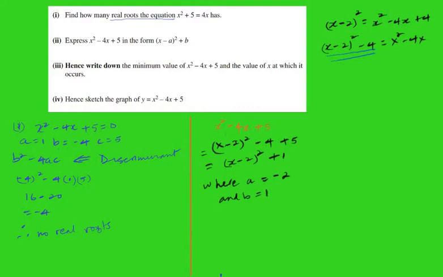Next question. Hence, write down the minimum value. This is part 3 here. Hence, write down the minimum value of x squared minus 4x plus 5 and the value of x at which it occurs. I have to write down the minimum value and also the value at which this minimum occurs.